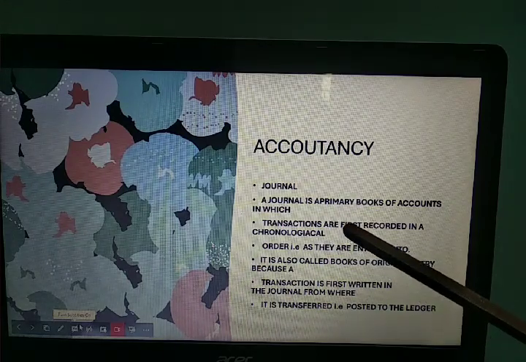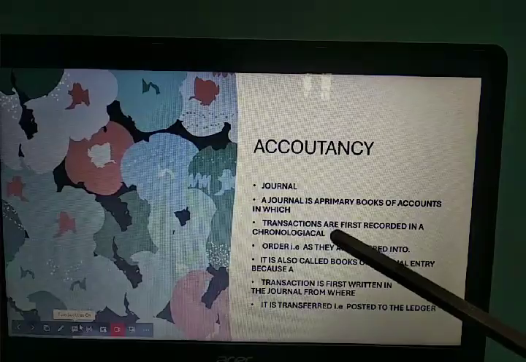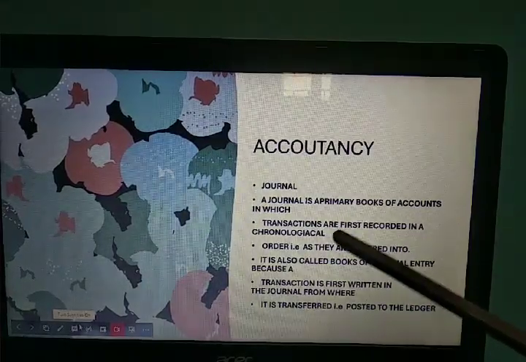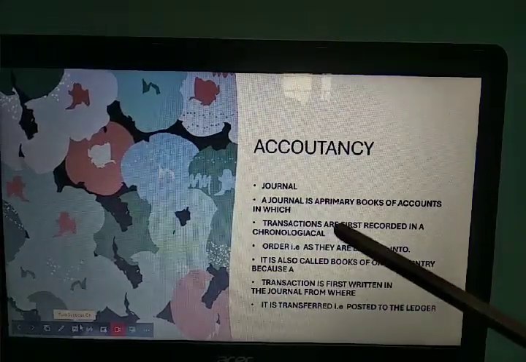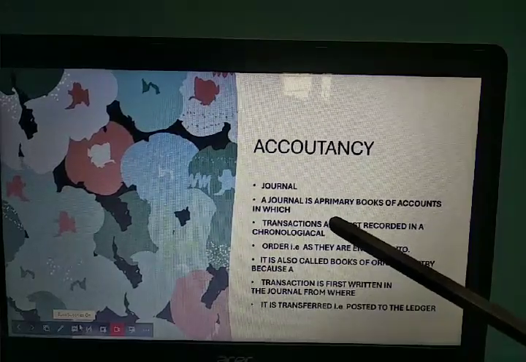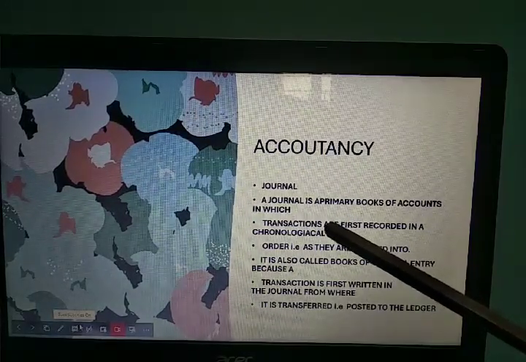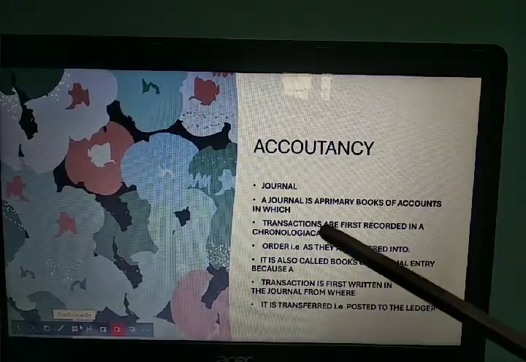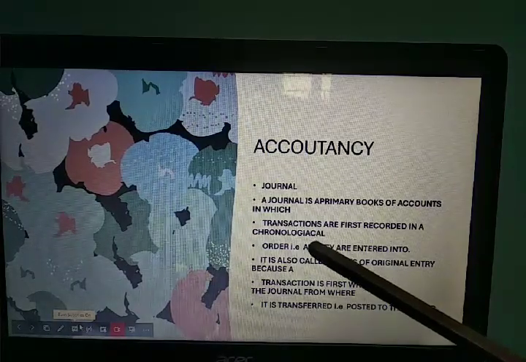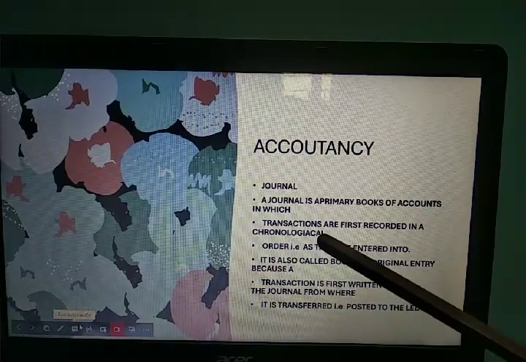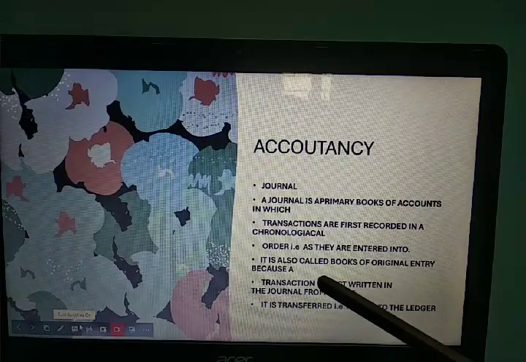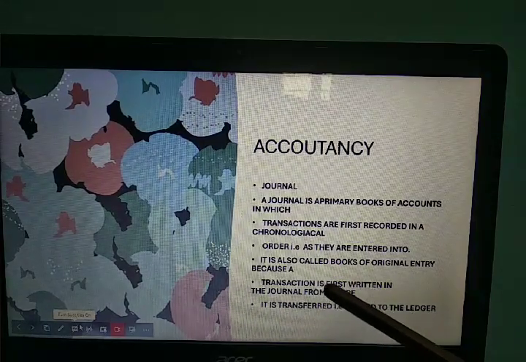Transactions are recorded in a chronological manner, that means daily and sequence-wise. Say today is 5th January, next will be 7th January, next will be 8th January. Intermixing should not be there. So you have to enter in chronological order.